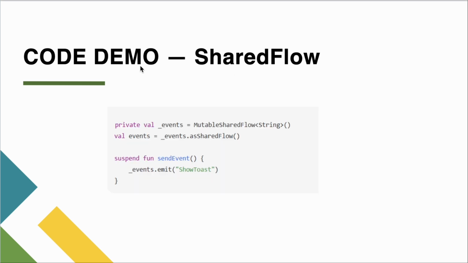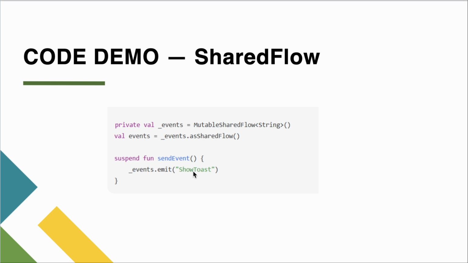Let's understand from a simple example. Same thing I'm doing which I was doing for state flow, but in this case it is of type string instead of integer, and there is no initial value. I have assigned this to the mutable variable events, and I'm calling a function sendEvent, which basically emits the show toast value.